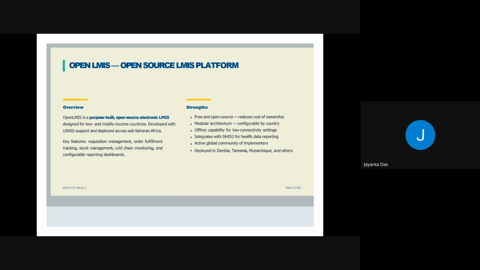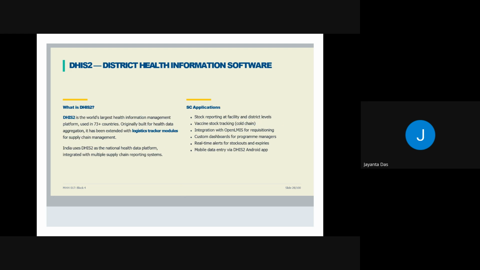It has an active global community, and is deployed in Zambia, Tanzania, Mozambique, and other countries. And you will be surprised to know that 70 countries in the world are using it, covering almost 40% of the total world population. So this is a very easy and very popular platform which helps us in doing it.